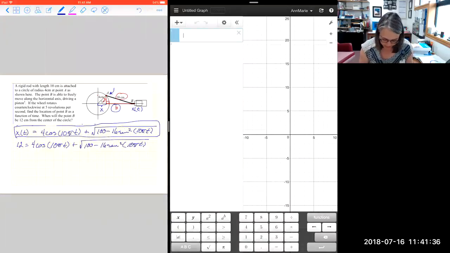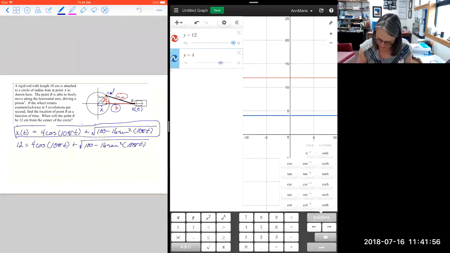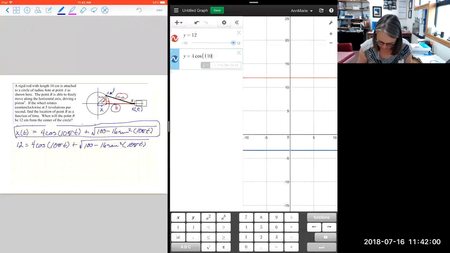And we're going to type in, on one line, y equals 12. Okay, that's the left-hand side of this equation. And on another line, we're going to type y equals 4 times the cosine of 10 pi.